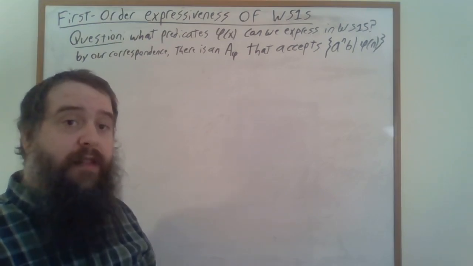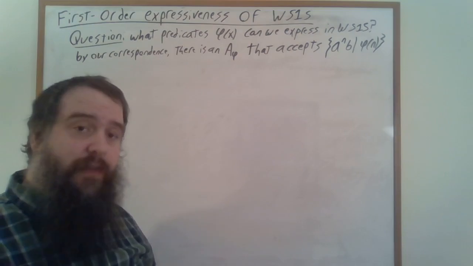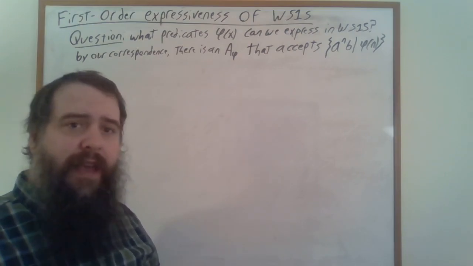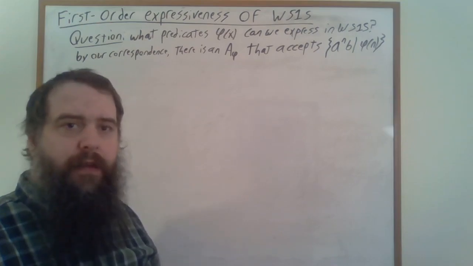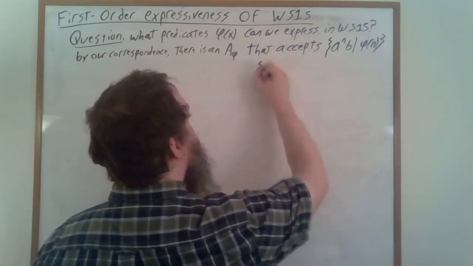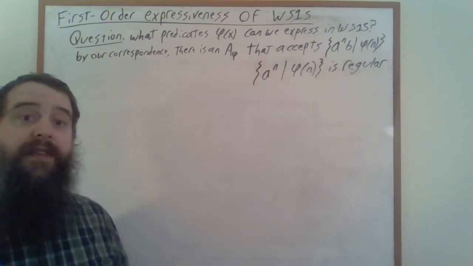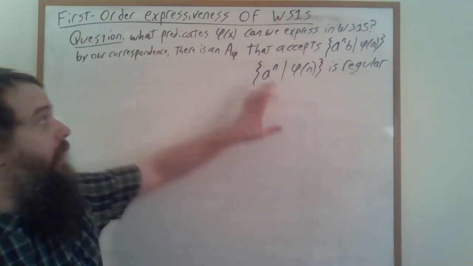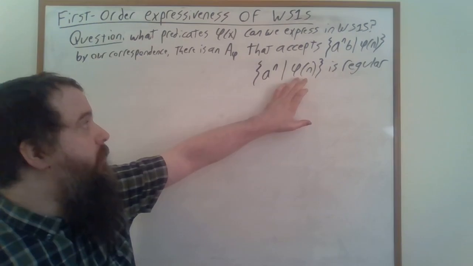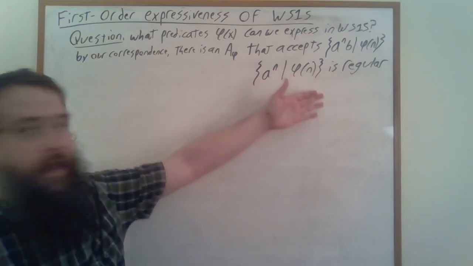What sorts of regular languages consist exclusively of words of the form a to the n b for various n, but maybe not all n? This question will be much easier to answer if we can translate it into the question of asking, what can we say if we know that the set of all a to the n such that n satisfies some predicate phi is regular?